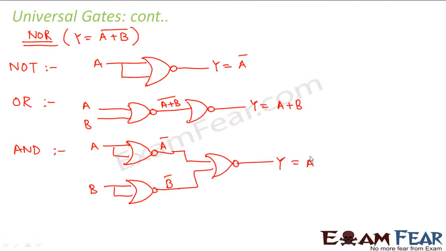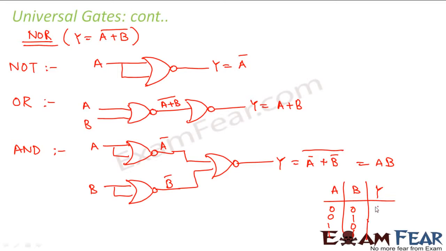You get (A bar plus B bar) bar. So this comes out to be AB. This is also in accordance with the truth table. You can verify it yourself that when you put all these values into this expression, you get the truth table which is similar to that of the AND gate. Right? So this was all about the logic gates.